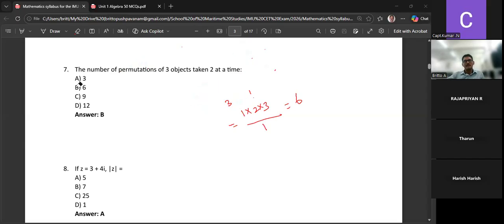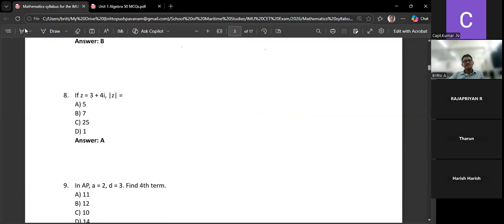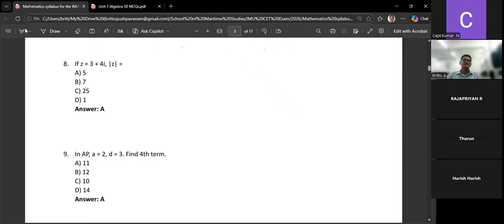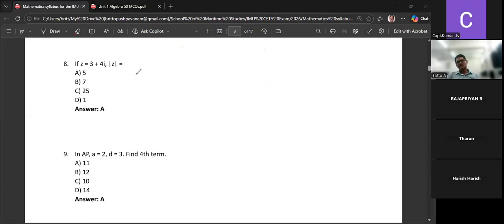Question number 8: if z is equal to 3 plus 4i, what is the value of modulus z? I told you in the beginning, suppose you have a complex number z equal to a plus ib. The modulus of a plus ib is the square root of a square plus b square.